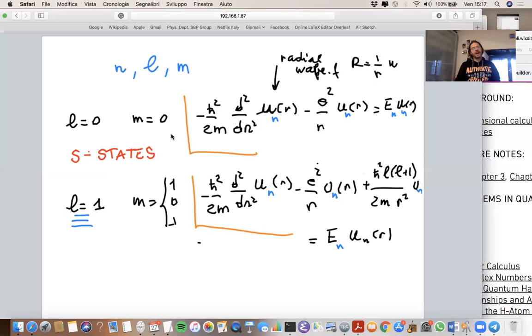This simply tells me that states with angular momentum 1 will be triply degenerate: the solution where the orbital angular momentum projection is +1, the one in which the projection is 0, and the one in which the projection is -1 all have the same energy. So there will be 3 states for each value of N, corresponding to 3 different values of M. These are degenerate states, same energy, and they are called P states.